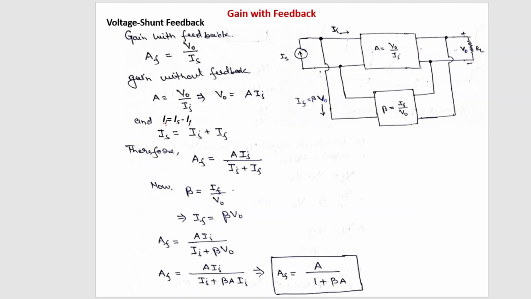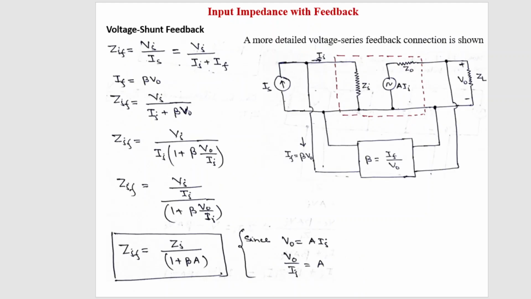Voltage shunt means this circuit where we have output as the voltage and input as the current, and this circuit has to be drawn as an AC equivalent circuit, because here we have a current, here we have a voltage, and we have to calculate impedance. That means the source current is obviously an AC current, so we have to draw an equivalent circuit. If you draw the equivalent circuit, at the input we obviously have an impedance, and at the output we also have an impedance, that is ZO.